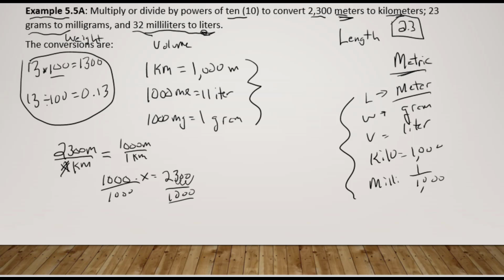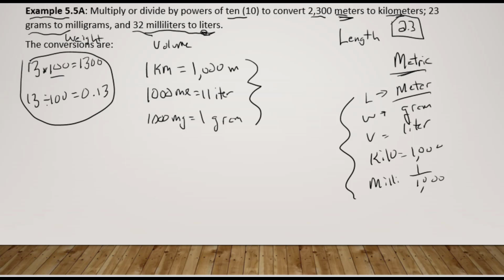Now let me erase this here, and let's do the next one, which says 23 grams. I have my conversion here: 1,000 milligrams is the same as 1 gram. Therefore, 23 grams is the same as how many milligrams?